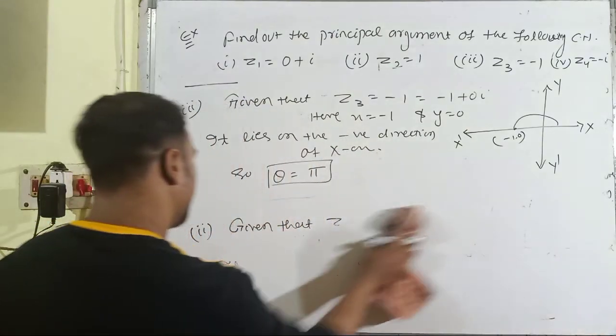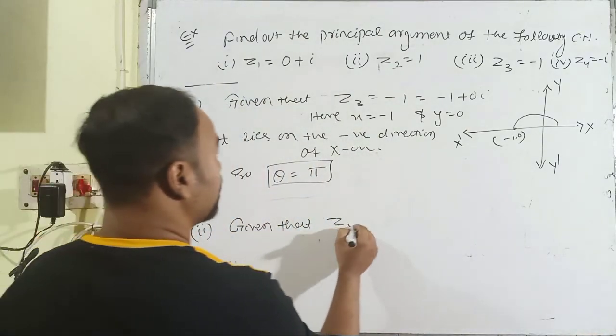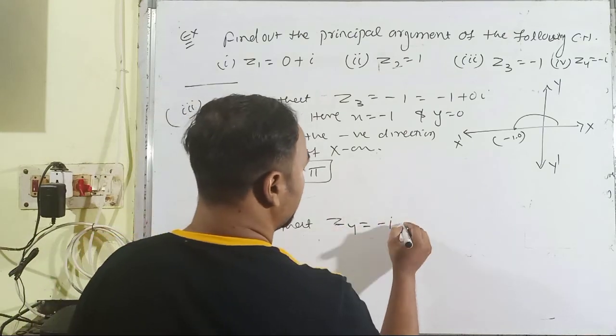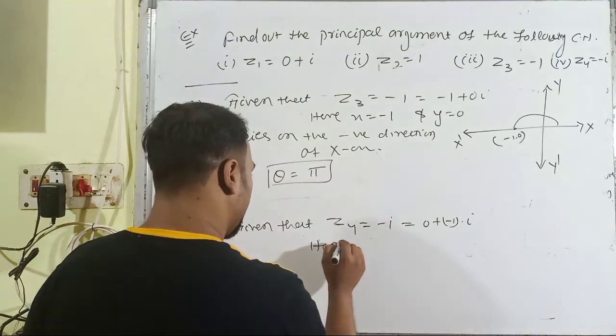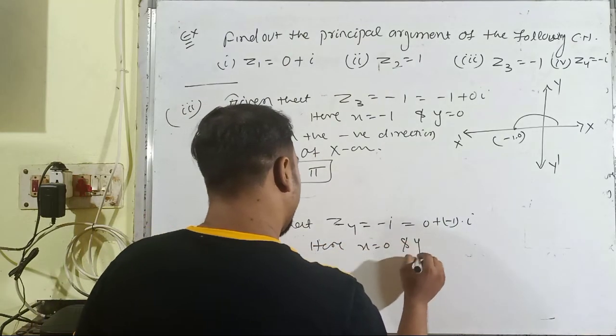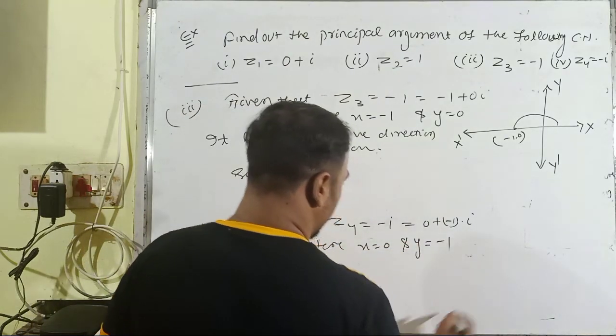Then the last one is here. Given that z4 is equal to -i, that means 0 plus -1 into i. Here x is equal to 0 and y is equal to -1.